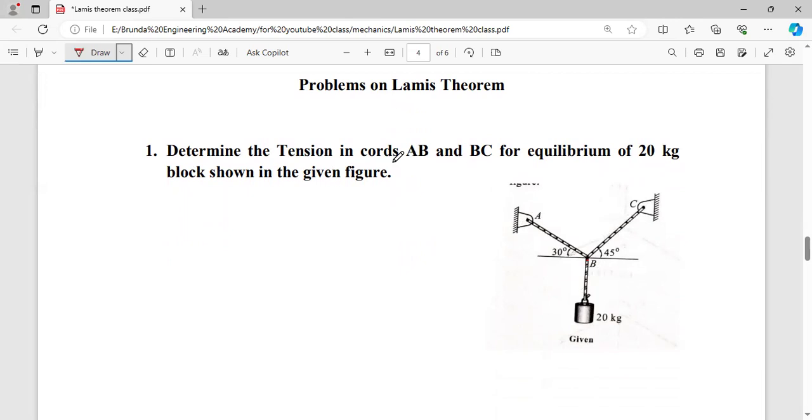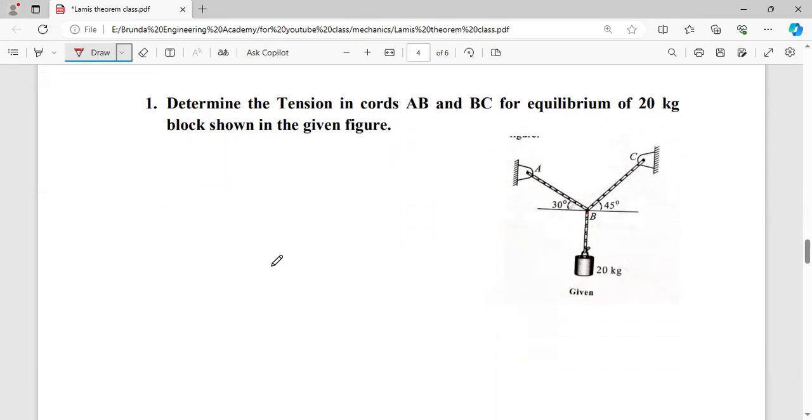For this type of case, first of all we have to draw the free body diagram. Free body diagram means, first of all, eliminate the supports. A is the support, C is the support. So eliminate the supports.